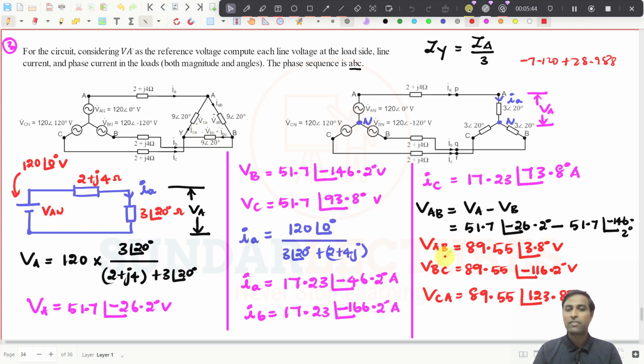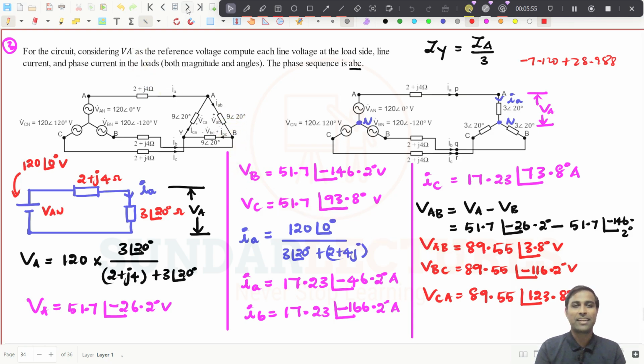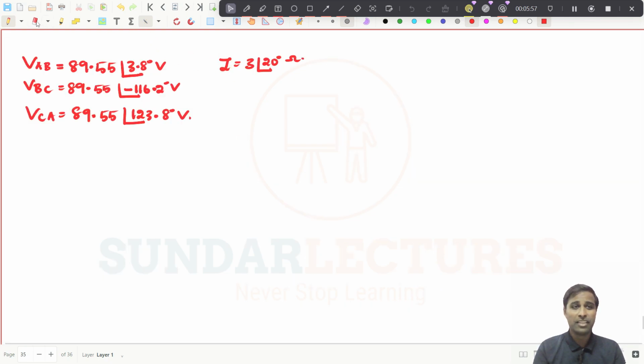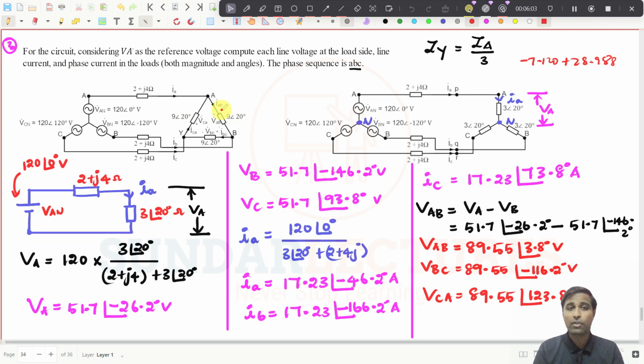We know VAB now, and from here you can go for IAB, that is VAB divided by what? This 9 at an angle of 20 degree. Try to understand. That is why this Z value is here. We are going to find IAB, IBC, ICA, and we know VAB, VBC, VCA.